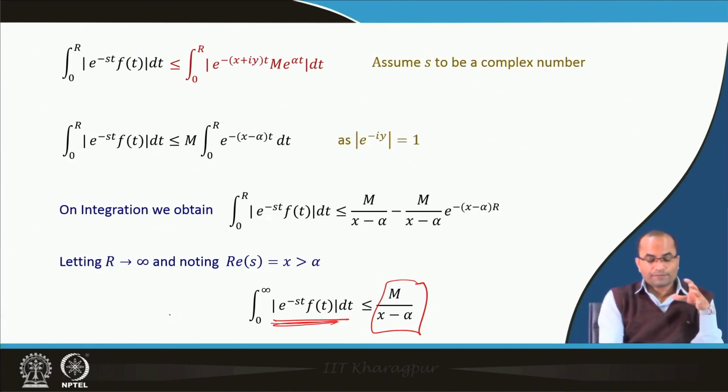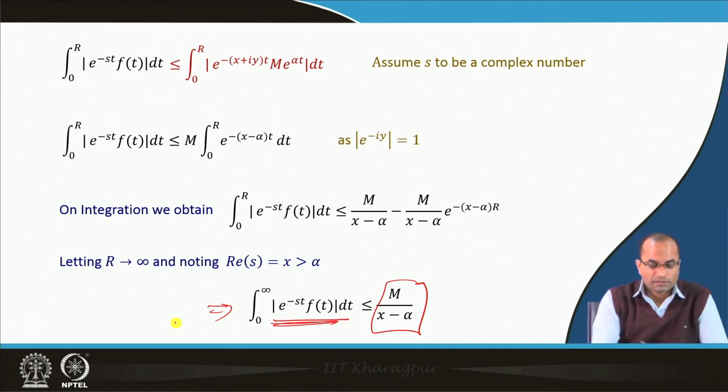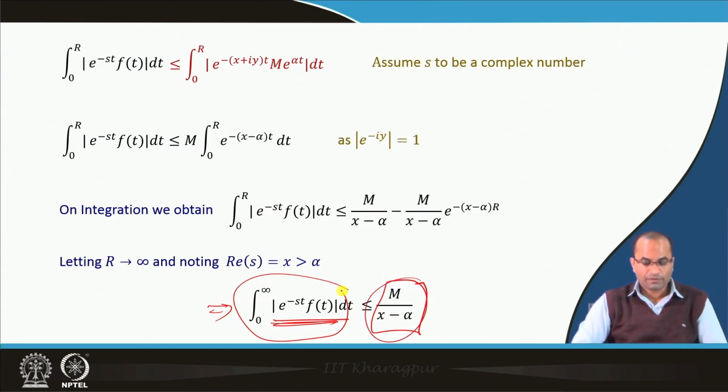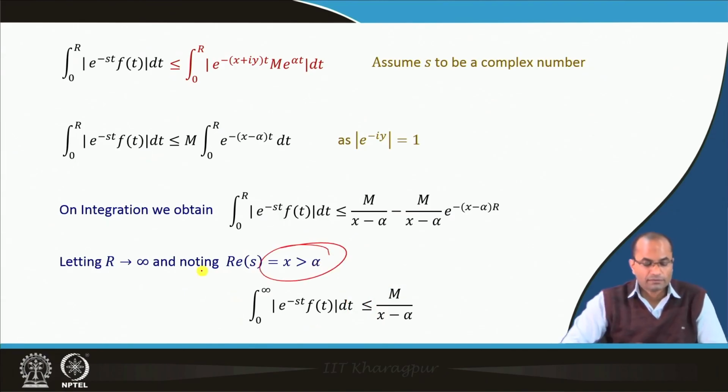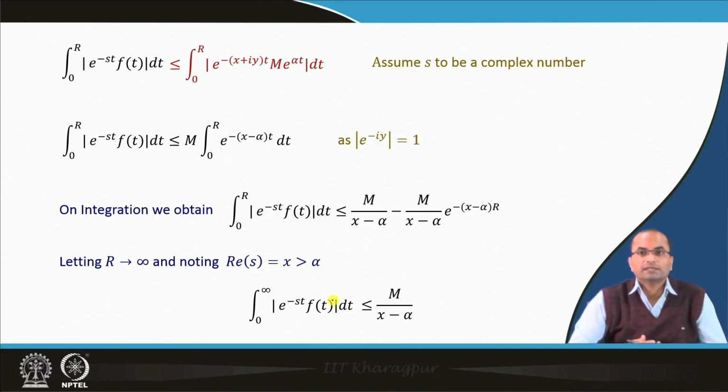So, what we have shown is that under these two conditions, the piecewise continuity and exponential order, such an integral can be bounded by M over (x minus α) for real part of s greater than α. Meaning the Laplace transform of such functions exists.